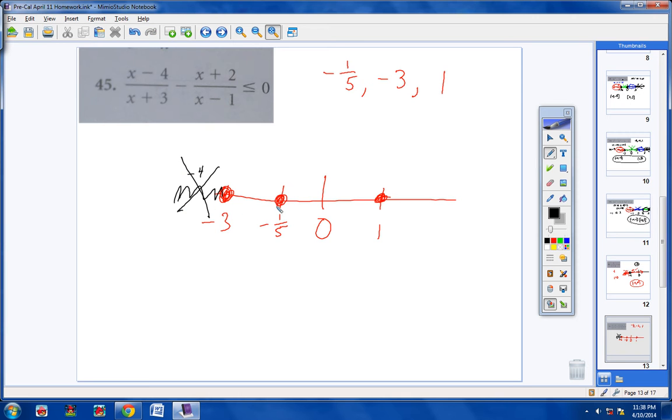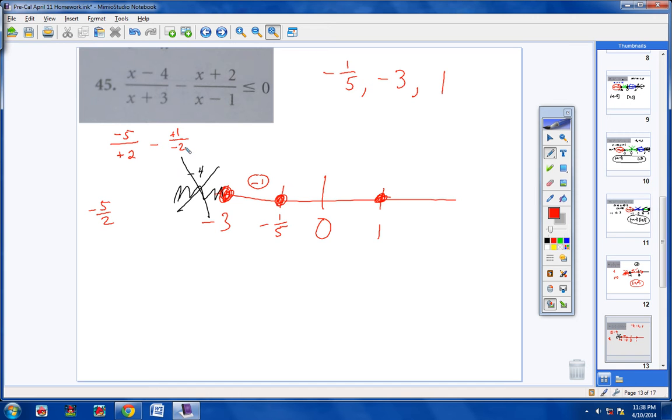Now let's test the region from negative 1/5 to negative 3. Probably the best number to check would be negative 1. If we put a negative 1 here, we would have a negative 5, and a negative 1 here would be a positive 2. Minus negative 1 here would be 1, and negative 1 here would be a negative 2. So we really have a negative 5/2, and we have a positive over a negative.